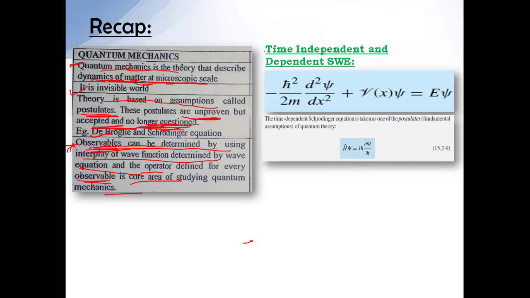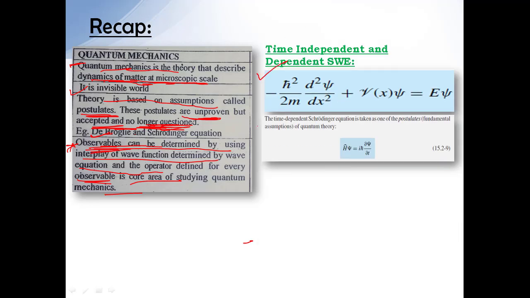This is important. Observables are obviously kinetic energy, potential energy, etc. These can be determined by using the interplay of the wave function determined by the equation and the operator defined for every observable. So for every observable there is an operator which is defined, which is the core area of studying quantum mechanics. Next, we saw Schrodinger's wave equation.